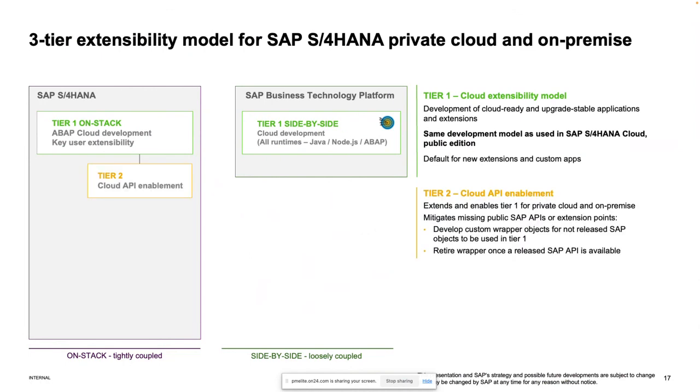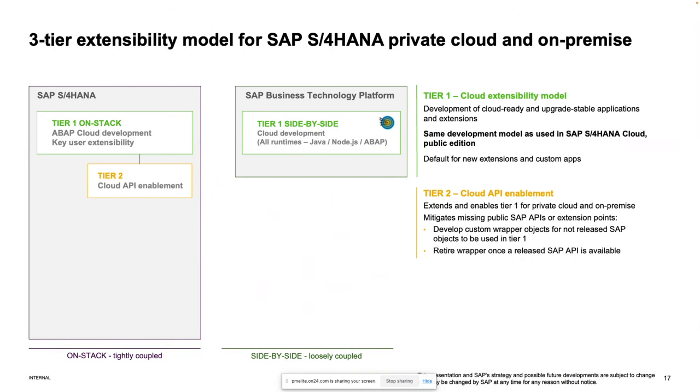But there are still some APIs which we maybe haven't released yet in the private cloud edition, for example, or in the on-premise world, or there are some things which we may be never released or where not so many activities happen, like in the HCM area.